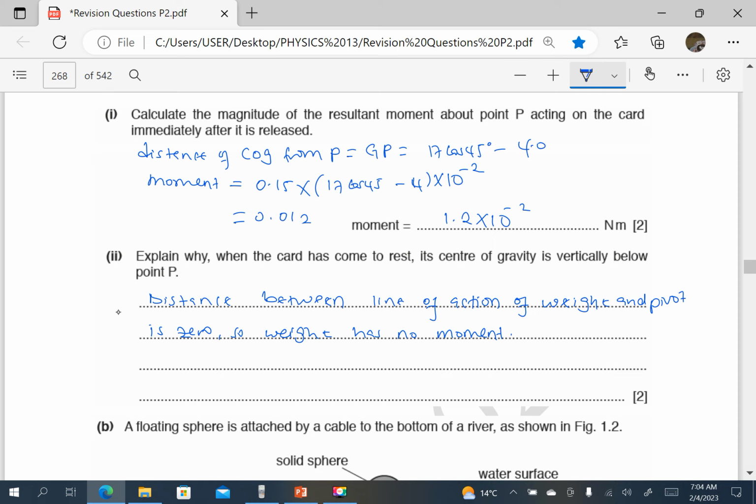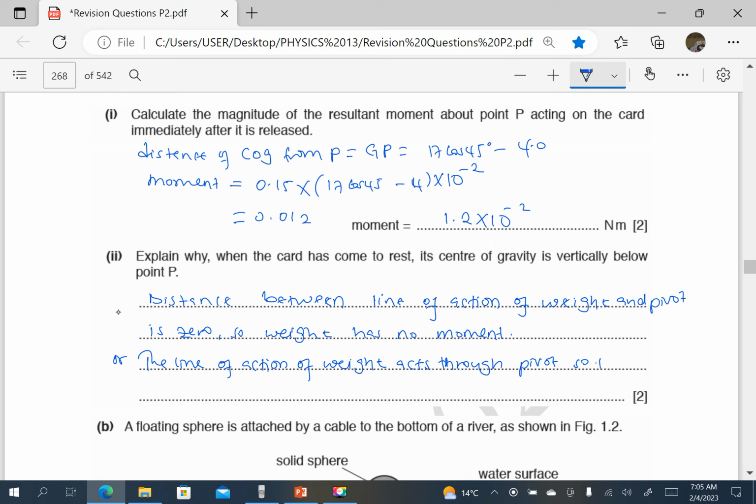The weight will not have a moment when the card comes to rest because the distance of its line of action from point P will now be 0. Or you can think about the line of action of the weight acting through the pivot.